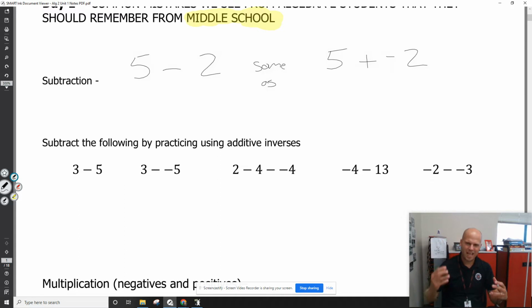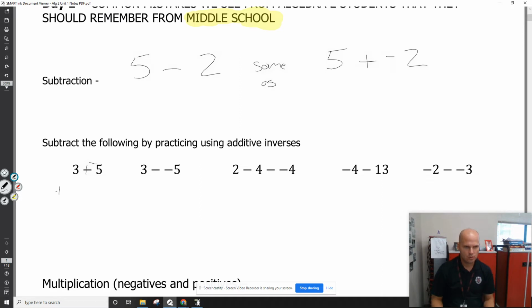A negative number is kind of like having a hole. If we take away a whole, what happens? If we have a bigger number that we're taking away than a smaller number, what happens? So I always tell students, turn things into addition by adding the opposite. 3 minus 5 is the same as 3 plus -5.